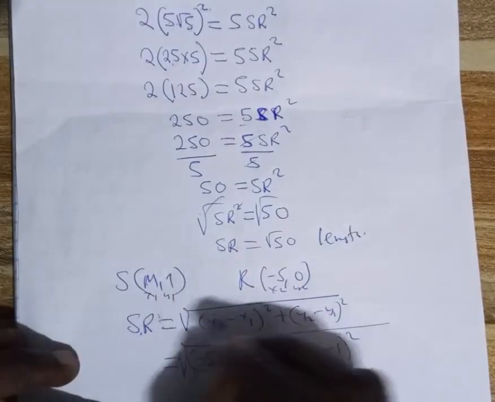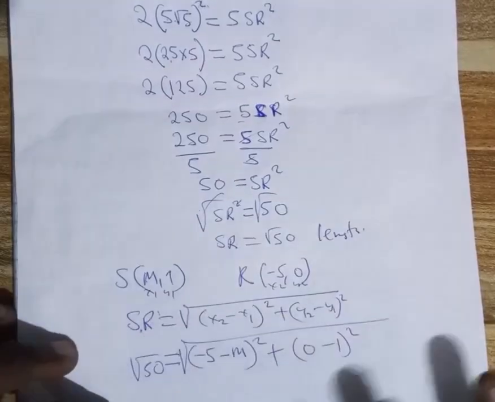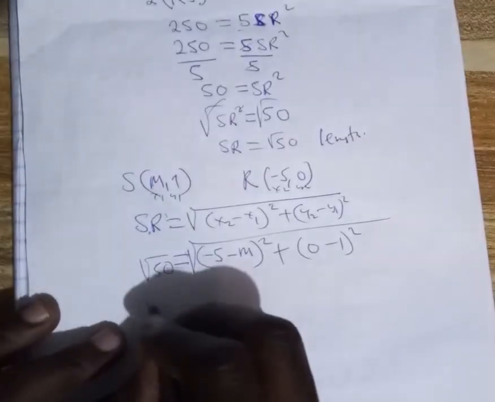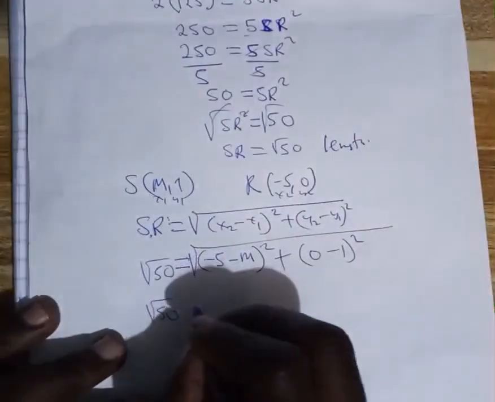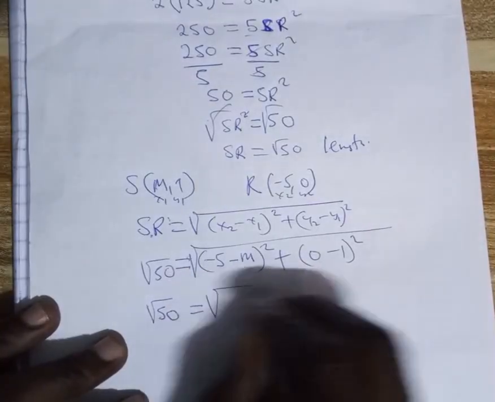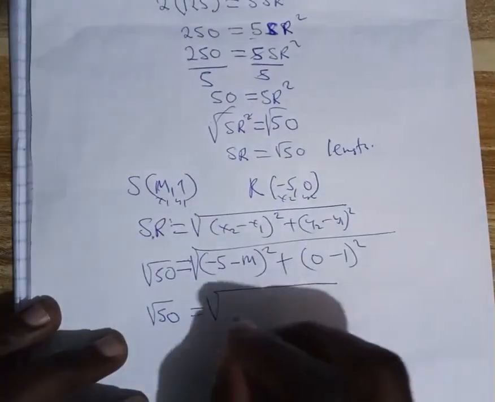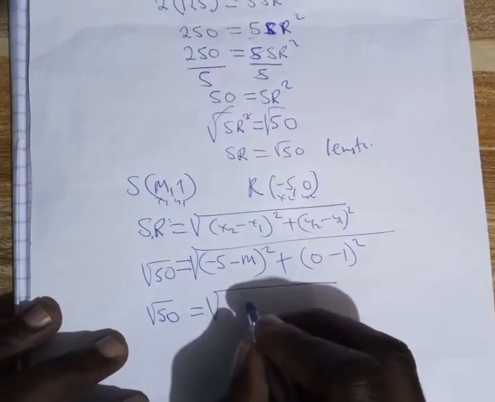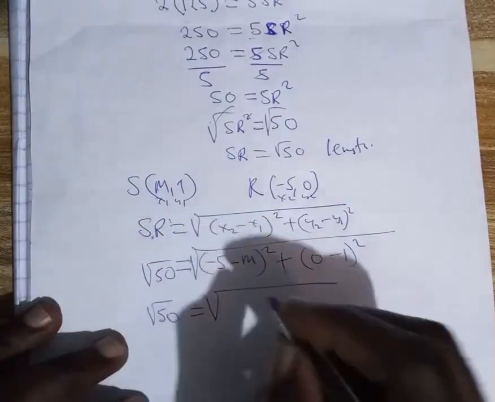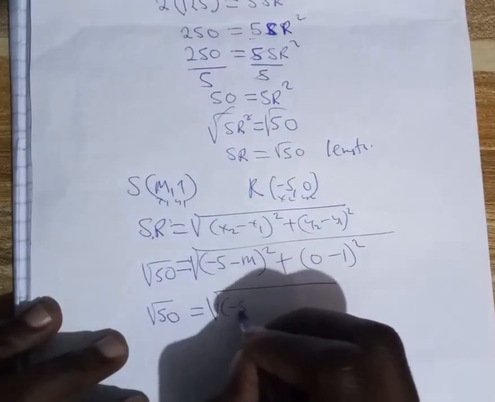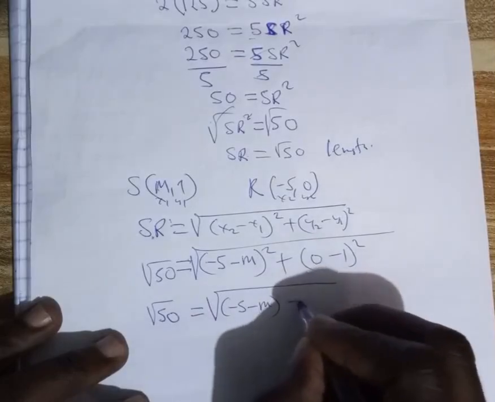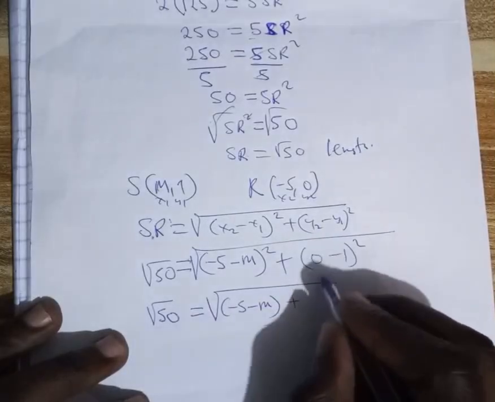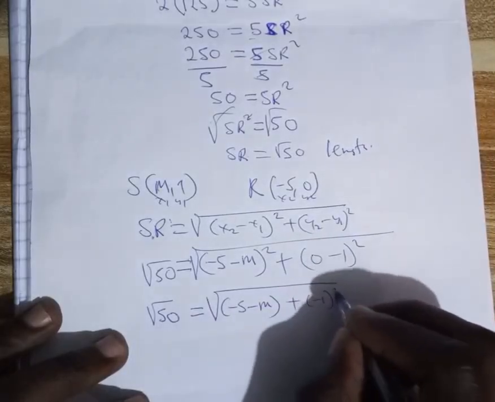But the distance of SR is root 50. So we write root 50 equal to square root of open bracket negative 5 minus m, squared, plus 0 minus 1, which is negative 1, squared.